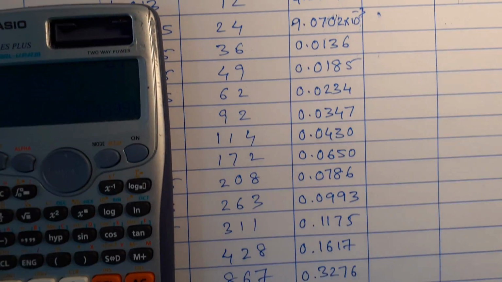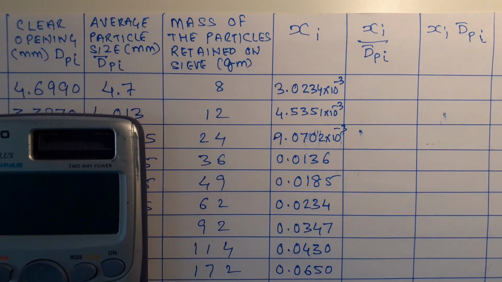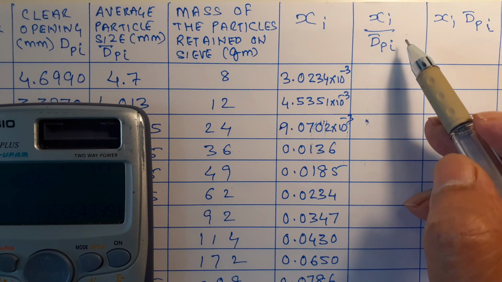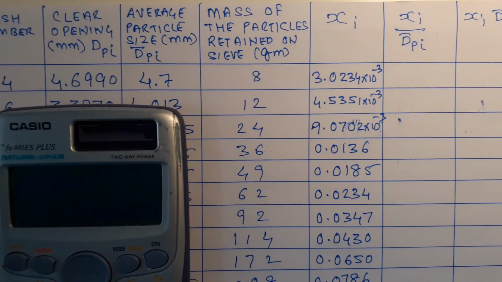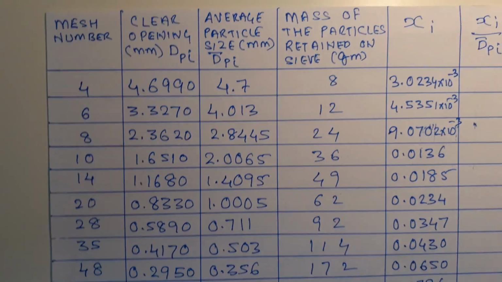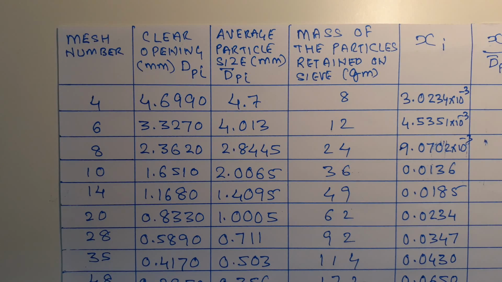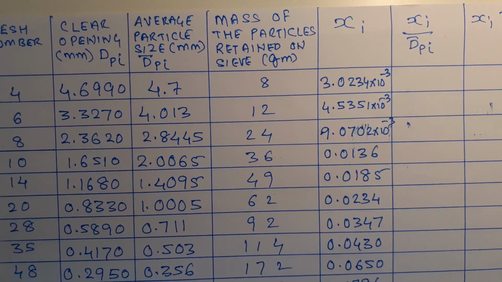All the values of xi I have constructed. Then next what should I do? I should find the values of xi divided by d bar pa. So xi is all these values, and d bar pa is the values which are given in this particular column. All the values I should put into this one. So let me take the first value for you.